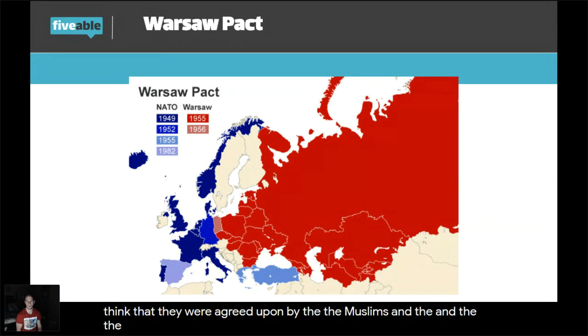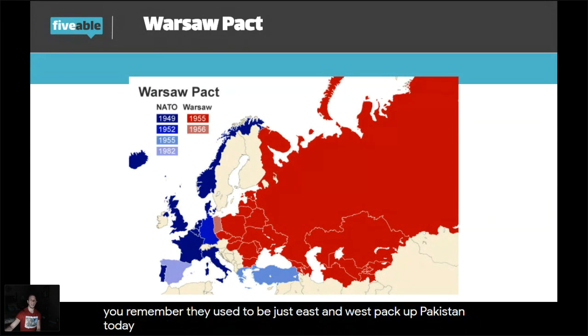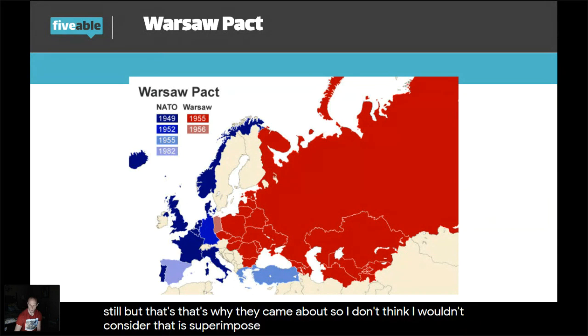So I'm pretty sure that those two groups got together and agreed on those boundaries. And if you remember, they used to be just East and West Pakistan. Today, East Pakistan is now Bangladesh. They're both Muslim countries still, but that's why they came about. So I wouldn't consider that a superimposed boundary. That's a good question.